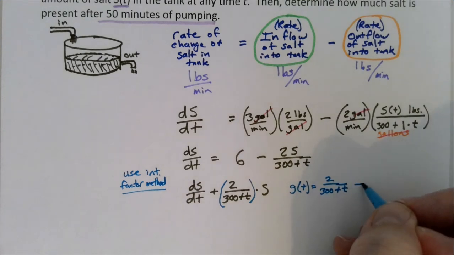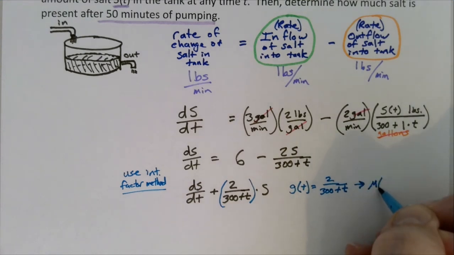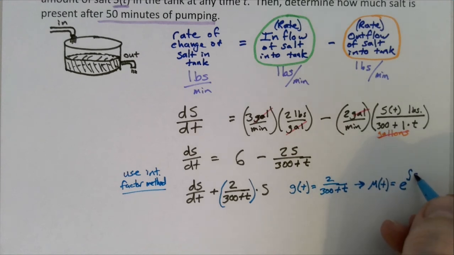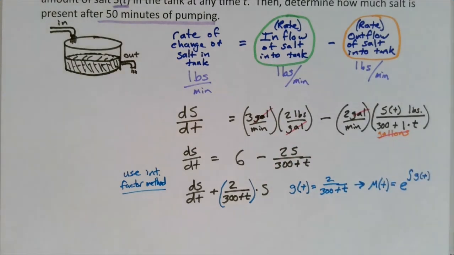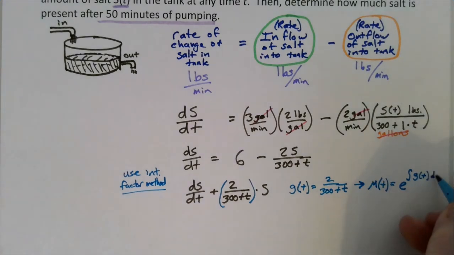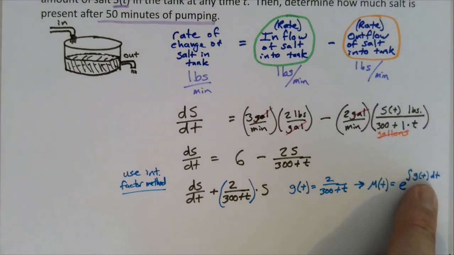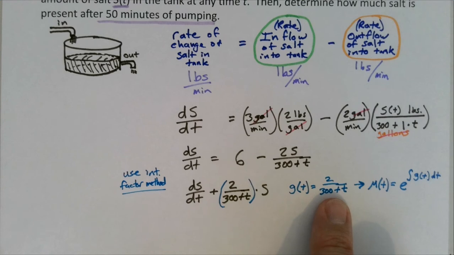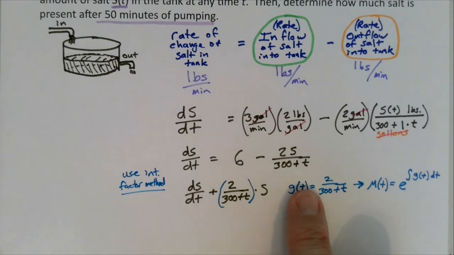And that means my integrating factor, mu of t, is what I get when I take e to the integral of g of t dt. What is the integral of this thing? Ugh, it's a little ugly. The 2 comes out front, and we just have 2 times the natural log of that denominator.